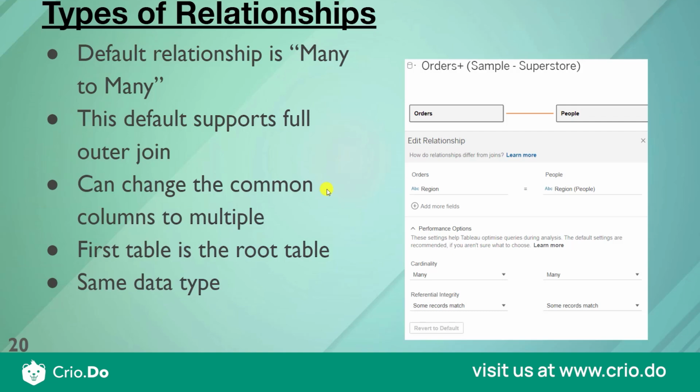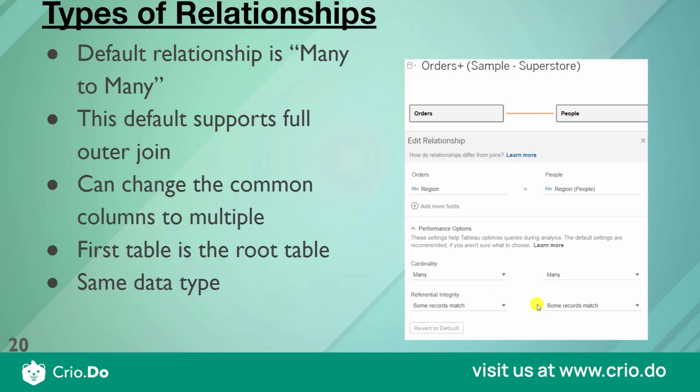And you can actually change the columns also. You can give multiple columns or a single column according to your requirement. As we already discussed, the first table is a root table, and whatever column you're connecting on should have the same data type. These are some clauses we get in relationships, and when you click on the performance options, you get to see what we spoke about: the cardinality and the referential integrity.